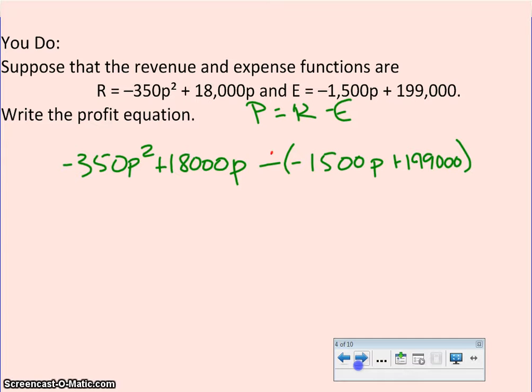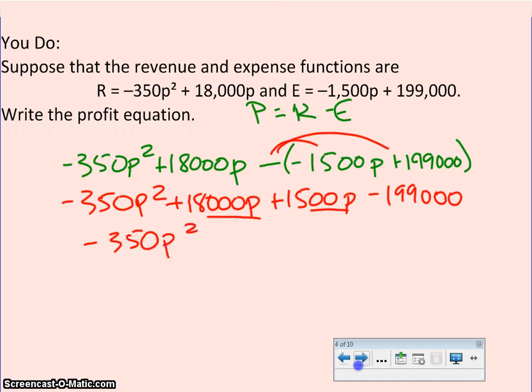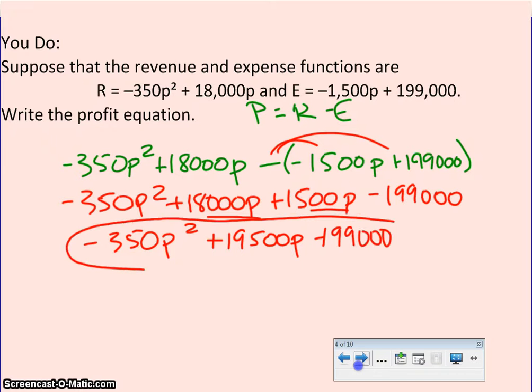Next, I'm going to distribute that negative sign out, and I end up with negative 350p squared plus 18,000p plus 1,500p minus 199,000. When I combine my like terms here, I get negative 350p squared plus 19,500p minus the $199,000, or 199,000. And how'd you do?